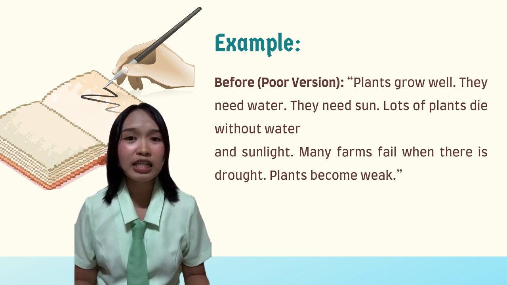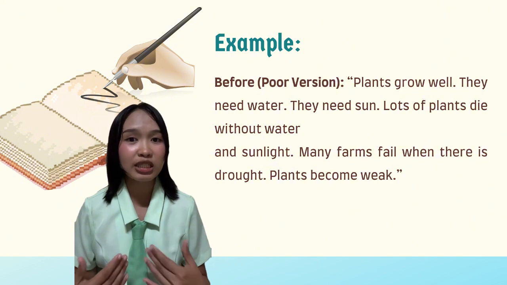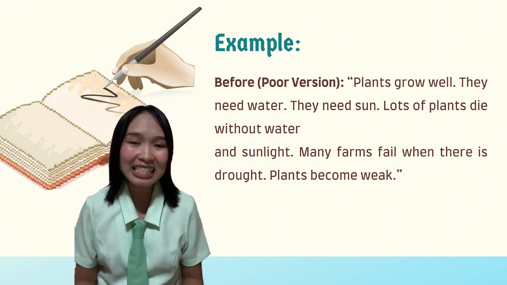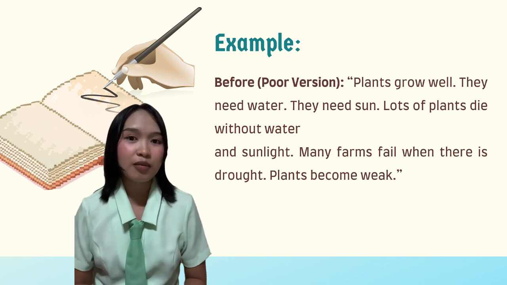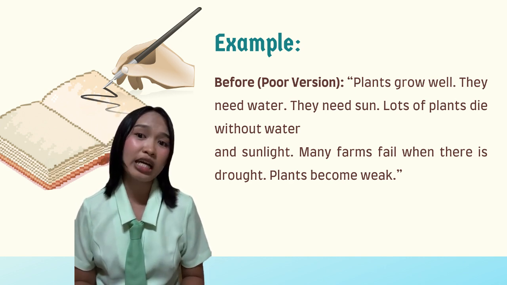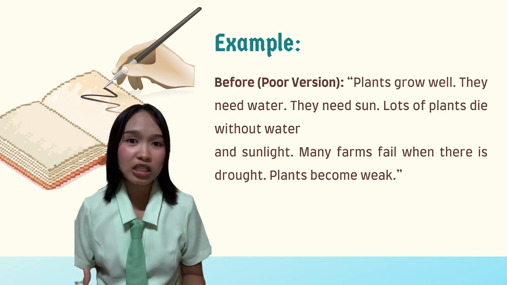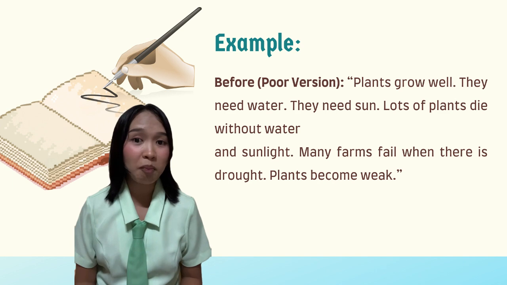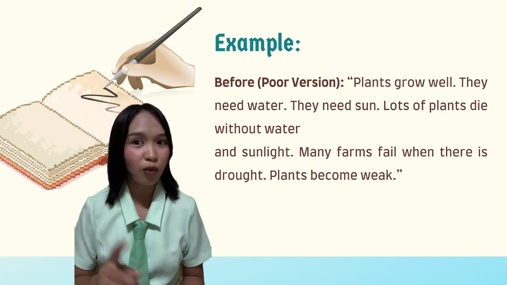So the paragraph is unclear and uninteresting because it uses vague words like plants and things they need, lacks transitions to connect ideas, and relies only on simple sentences, which makes it sound choppy and monotonous, right?